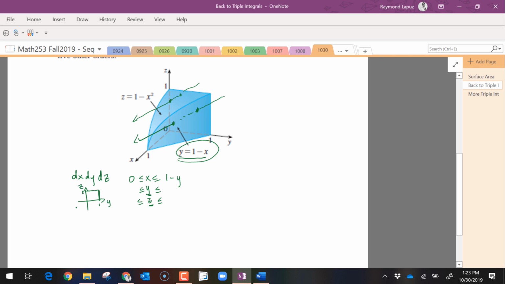So I want to figure out this line that splits it. If we want to look at the shadow of that on the YZ plane, how are we going to find it?